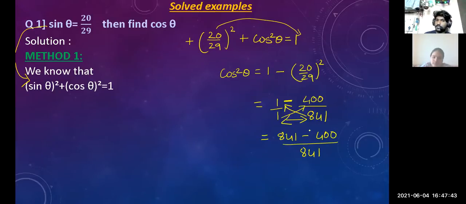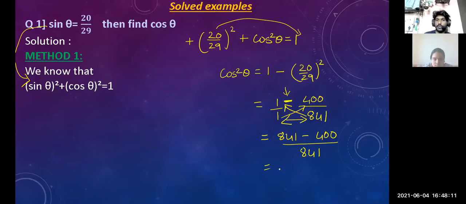Is this clear? Okay, 841 into 1 is 841 minus 400 into 1 is 400 upon 1 into 841. Clear? The denominator you multiply because there is a minus sign here. If this would be an equal to sign, then there is no need to multiply the denominator.